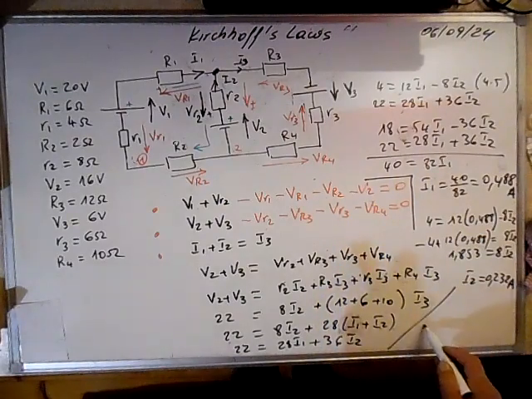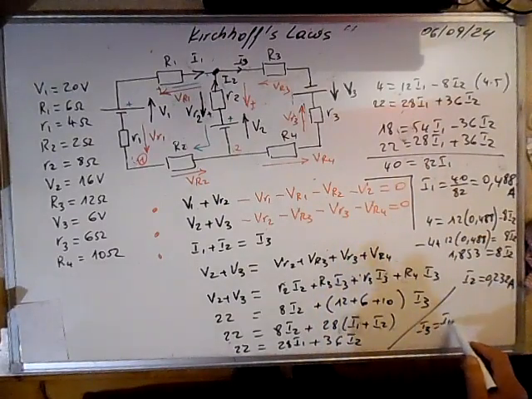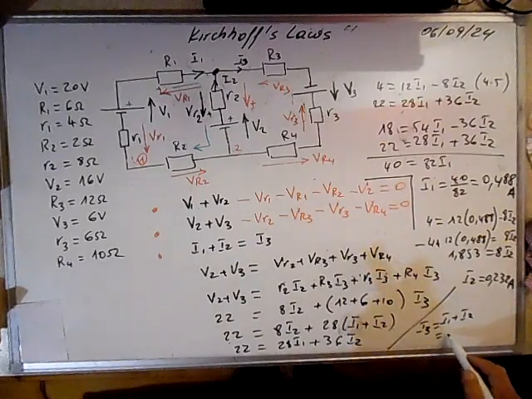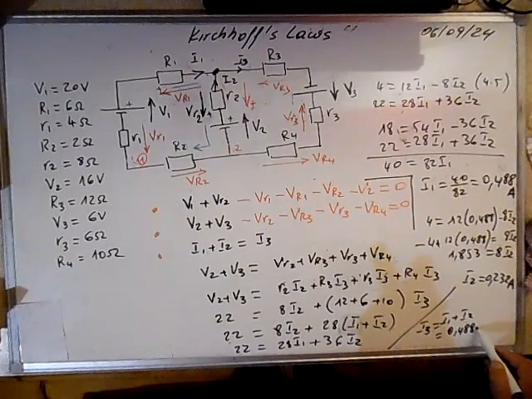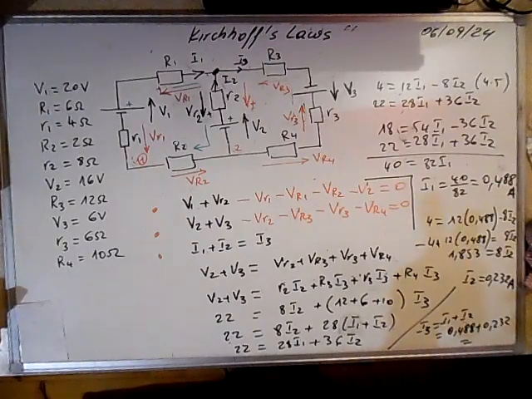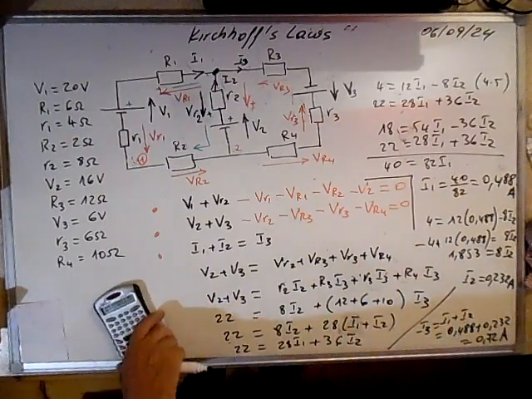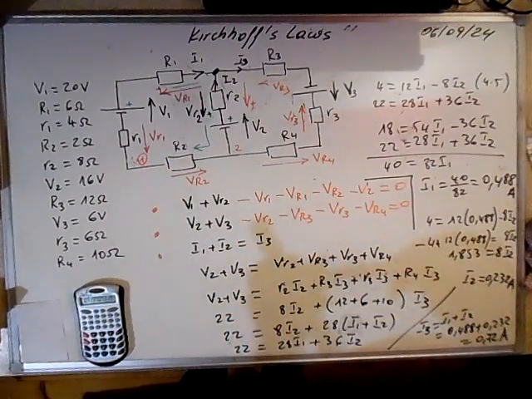And from here we calculate I3 is equal to I1 plus I2, which is 0.488 plus 0.232, and I3 is equal to 0.72 amps. So it means the currents are positive. It means that the choice of the direction is good, and that's it. And thank you very much.